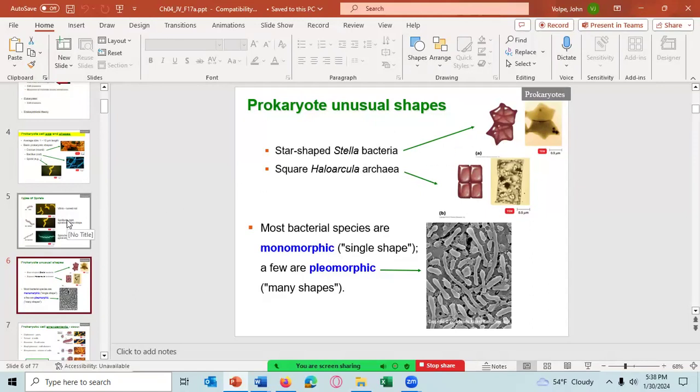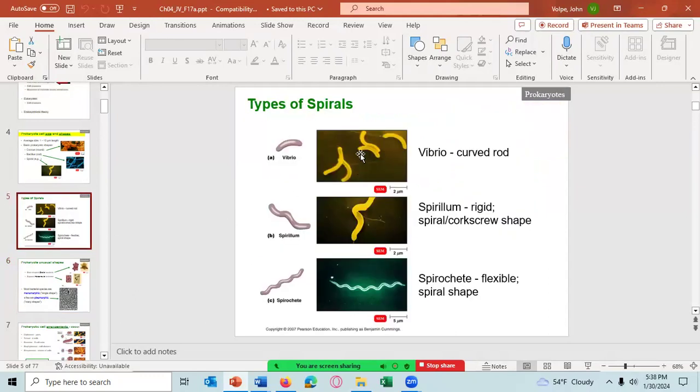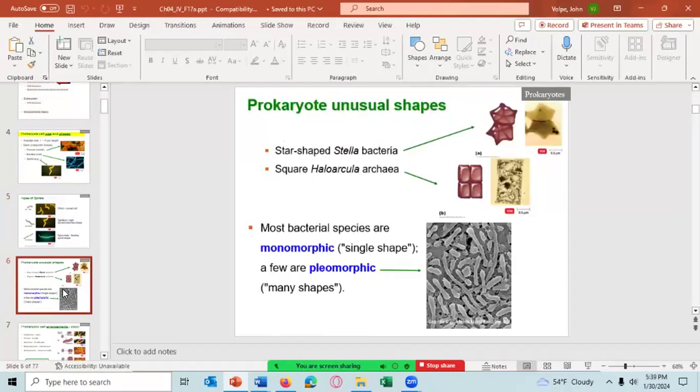And then the vibrios, they're all bent rods. The spirillums, they're all spirals. The point is they all have the same shape. So most species are monomorphic, where they have a single shape, but there are a few bacteria species and a few archaea that are actually pleomorphic.